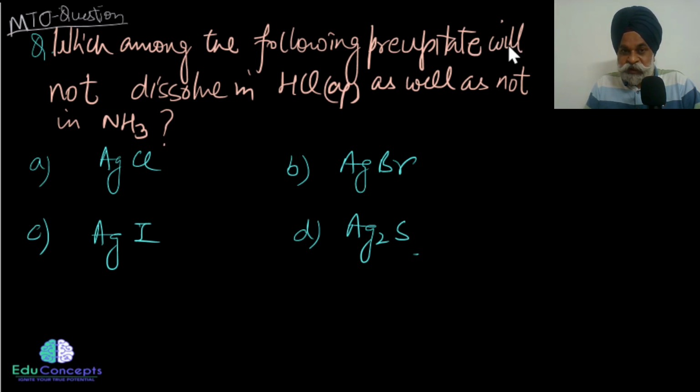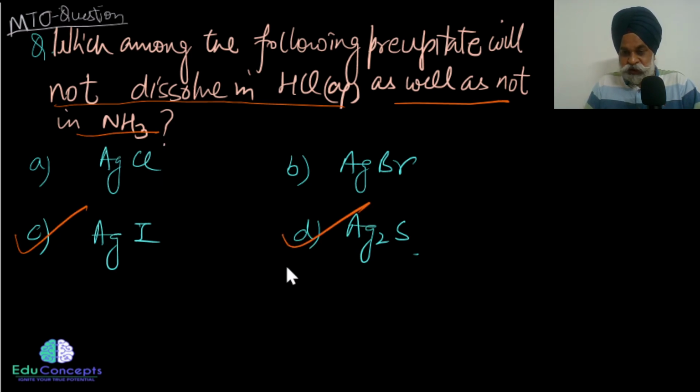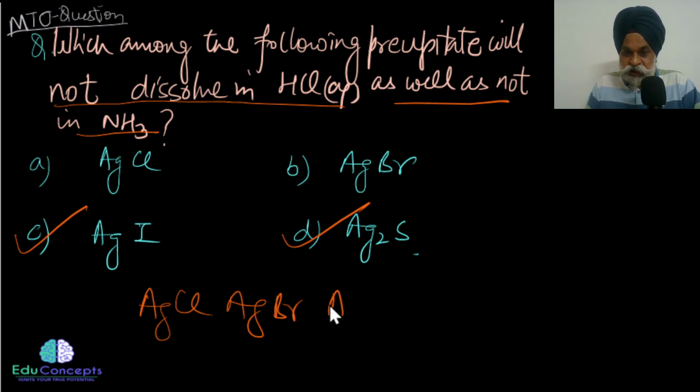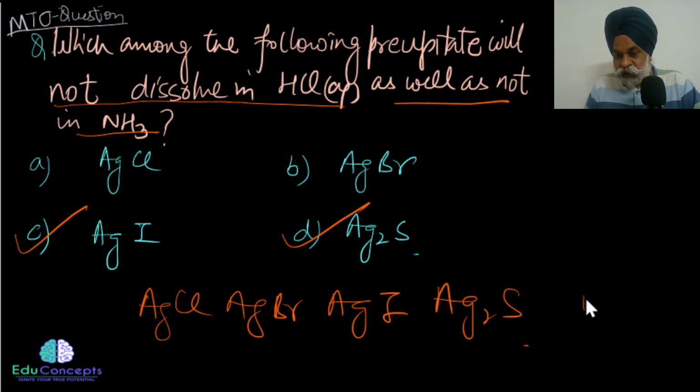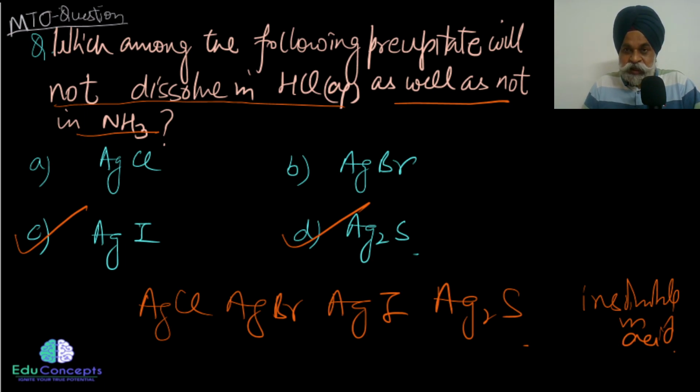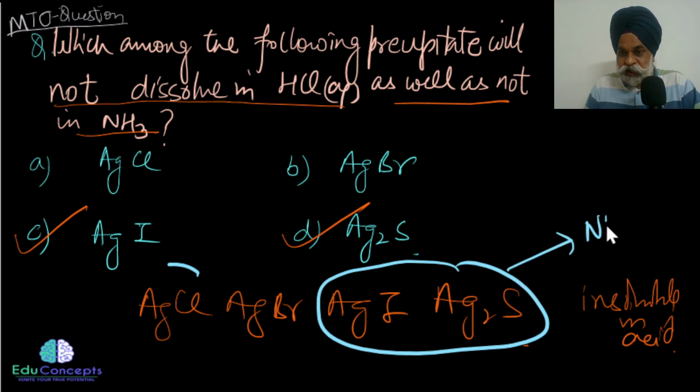Okay, moving on to the next. Which among the following precipitates will not dissolve in HCl as well as not in ammonia? So it is a straightforward factual question which you always have to remember. Silver iodide and silver sulfide would not dissolve in HCl. AgCl, AgBr and AgI, and silver sulfide are insoluble in acid, and these two are insoluble in ammonia as well.